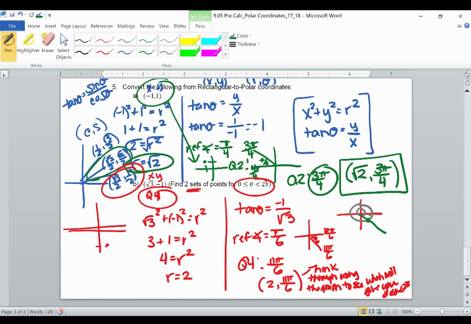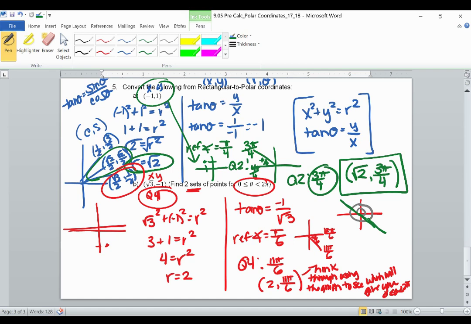What if I add half a circle rather, so I add 180 degrees and I go over here, would I be bigger than 2 pi? Well, if I'm at 11 pi over 6 and I add 1 pi to that, yes, I will, because that's like adding 6 pi over 6.